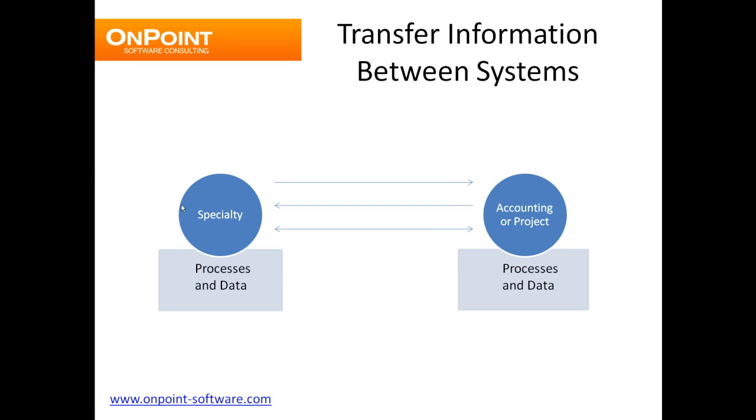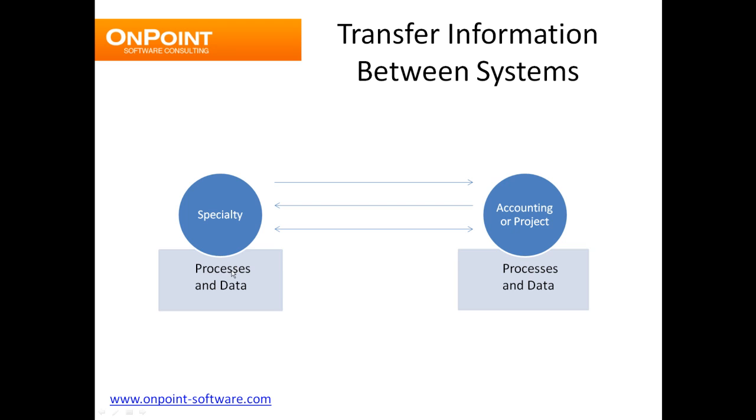A great example. Let's go to our first example we talked about in an earlier slide where we had a specialty billing system for our upstream customers. Well, we have to know what those customer IDs are. We have to know what the general ledger accounts are. We'll typically get that from accounting. So accounting has to push that data this way from right to left so we can pull valid accounts.